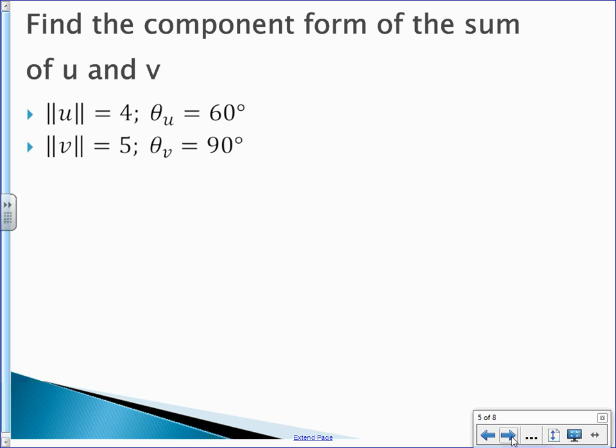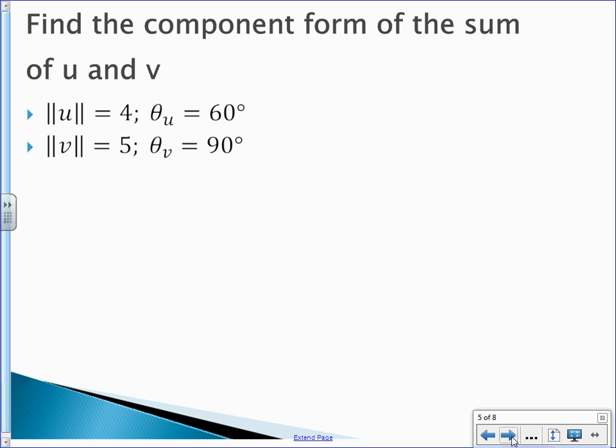Okay, Sarah's suggesting that we find the component form of u, find the component form of v, and then add them together. Do you like that order? Okay, that would be the correct order.